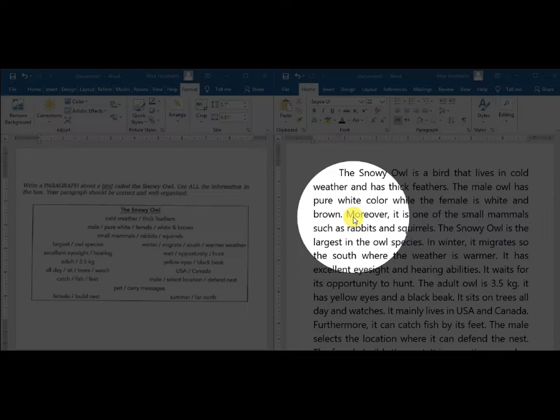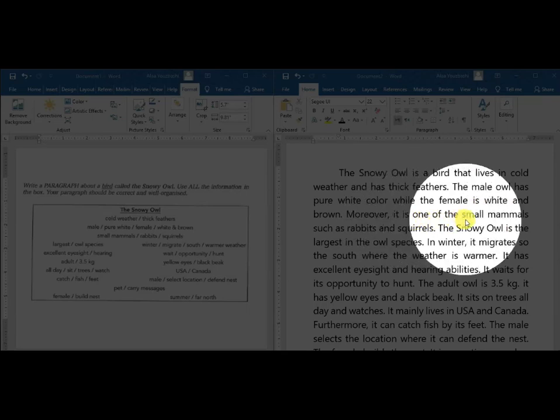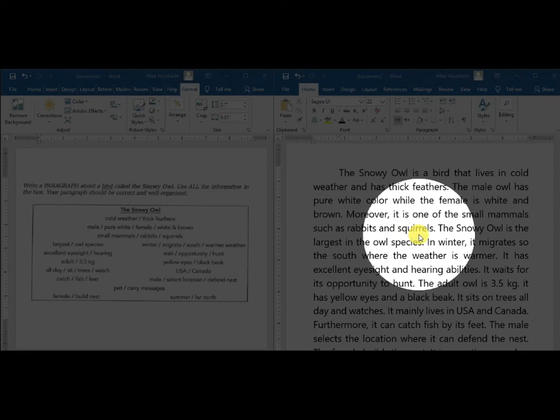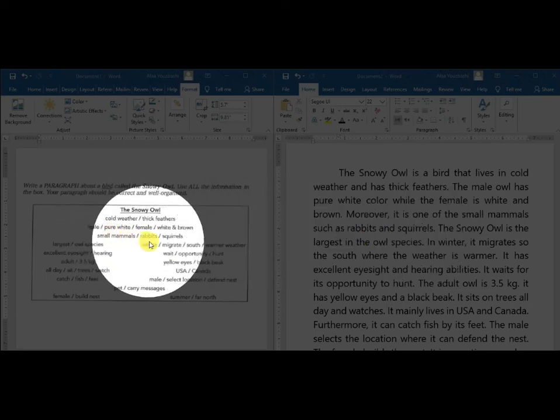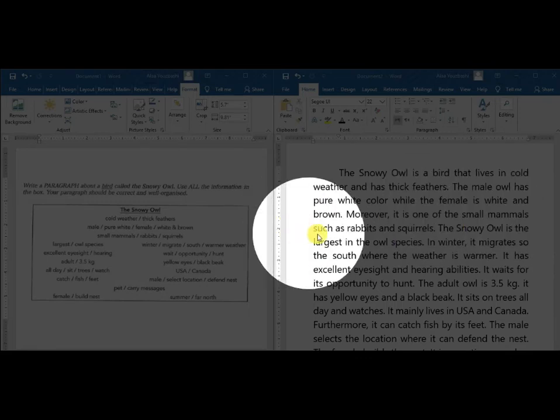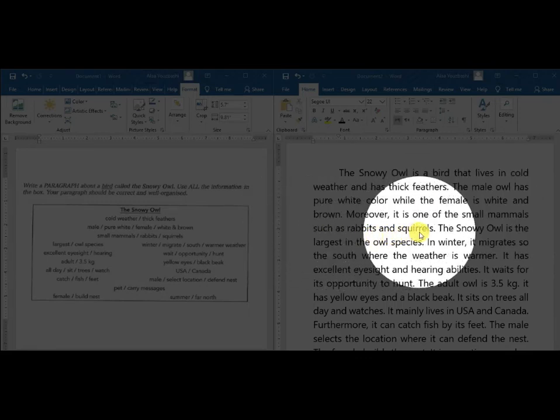Remember, we said that our sentences should be strongly connected. This word, moreover, can help me connect sentences. So moreover, it is one of the small mammals such as rabbits and squirrels.